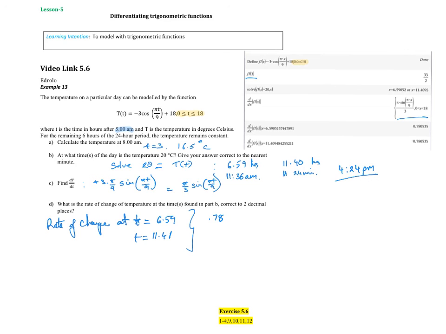You can see that 0.78 to 2 decimal places, positive 0.78 degrees per hour, and negative 0.78 degrees per hour. So warming up at 3/4 of a degree per hour, and negative, cooling down. Yeah. So keep in context what the question's asking you about. Righto.